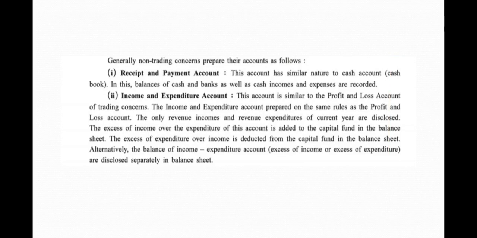The excess of expenditure over income is deducted from the capital fund in the balance sheet. Alternatively, the balance of the income and expenditure account, that is excess of income or excess of expenditure, is disclosed separately in the balance sheet. So either excess of income or excess of expenditure is added to or deducted from the capital fund, or it can be shown separately at the liability side of the balance sheet.